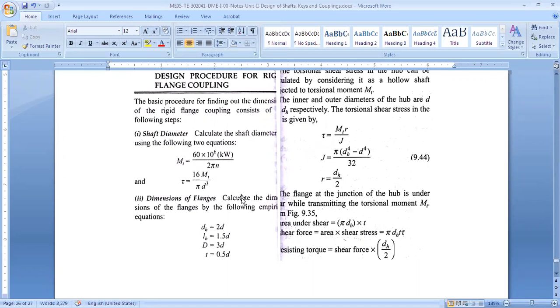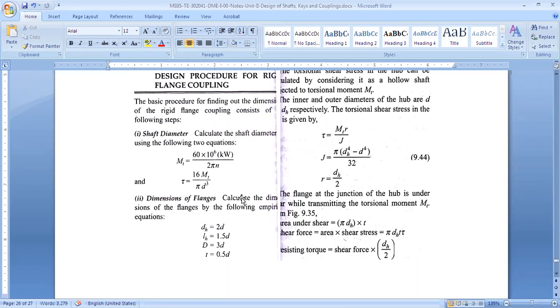And shear stress tau is equal to 16 MT upon pi d cube, for the shaft, where MT is the torque transmitted and tau is the allowable shear stress in the shaft. Then we can find out D. So as a first step of your design, we will find the torque transmitted in the shaft and the diameter of the shaft.